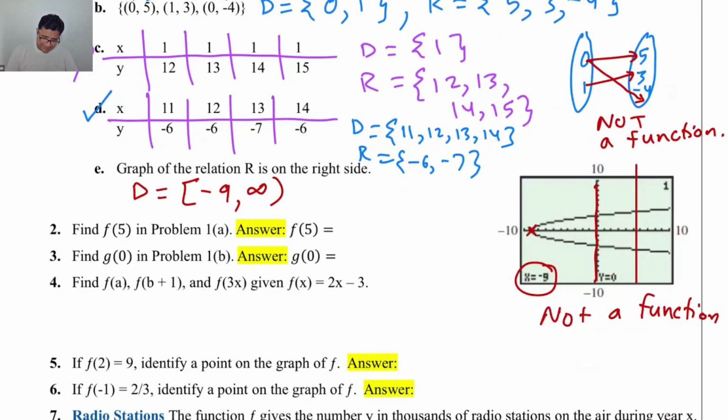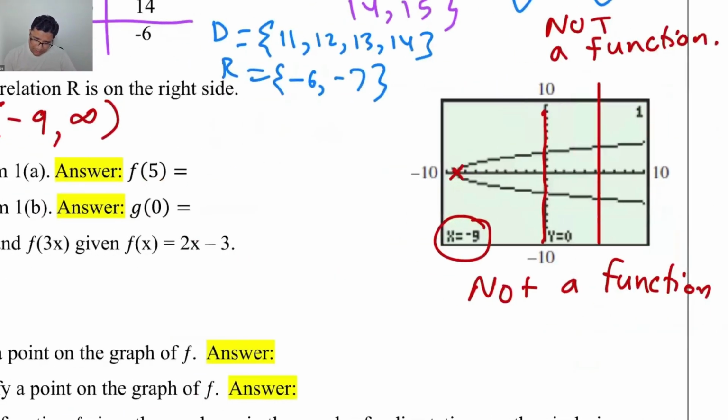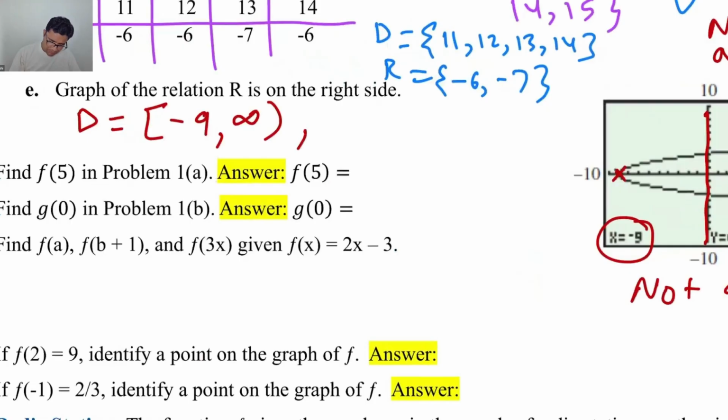And what about the range? If you look at the range, those are the y values, and the graph continues forever in the same pattern, right? So it's going to expand. That means it's going to take negative y values and positive y values, all of them. So the range in this case is all real numbers. If you want to write it in interval notation, you can say negative infinity to infinity.